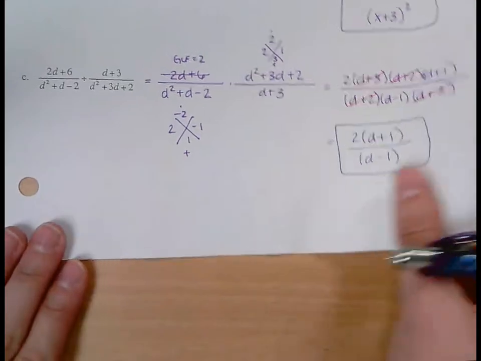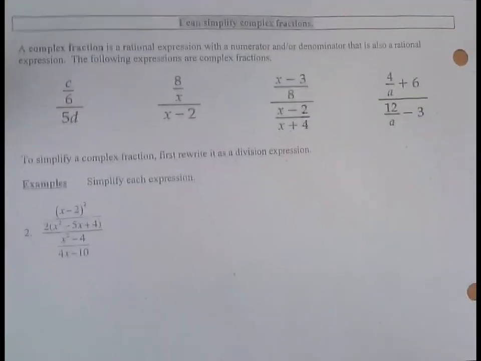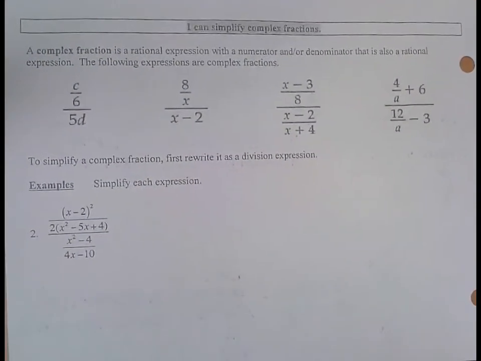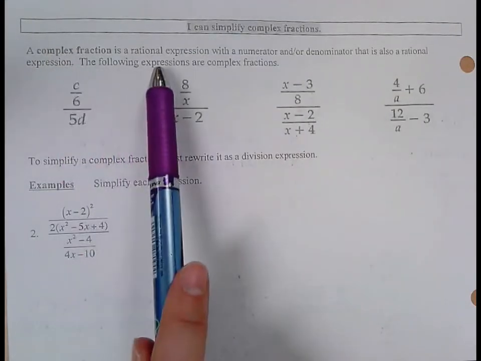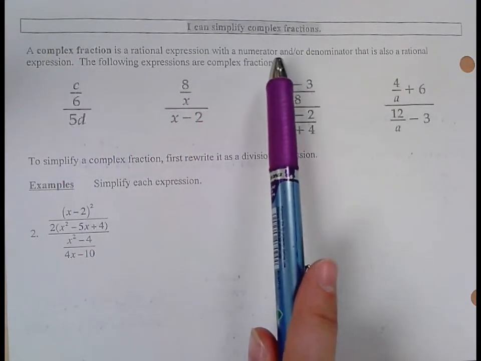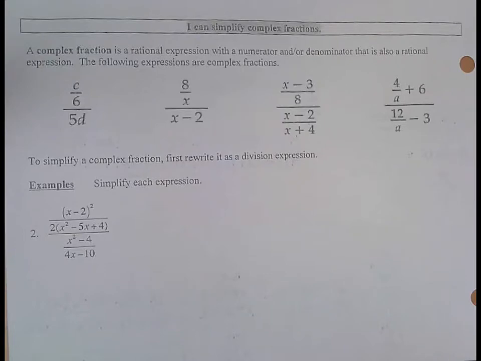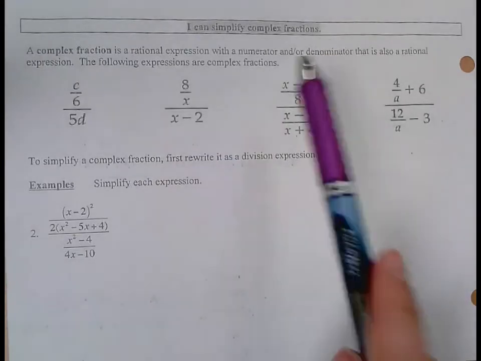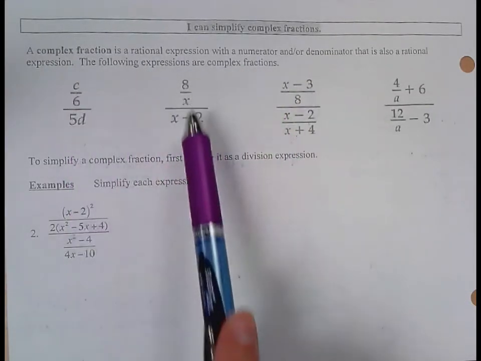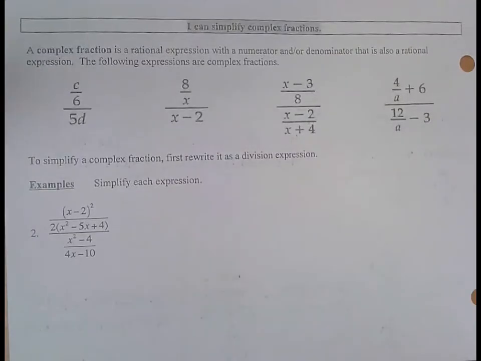Okay, so for the last set of examples, these are simplifying complex fractions. As I said, a complex fraction is a rational expression where you have a fraction within another fraction. So in the numerator or denominator or both, you have another rational expression.